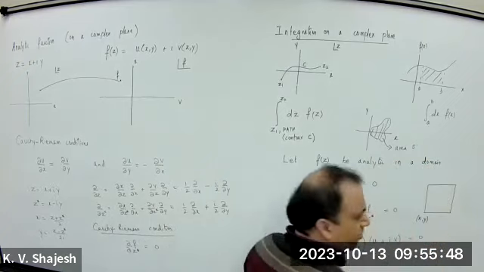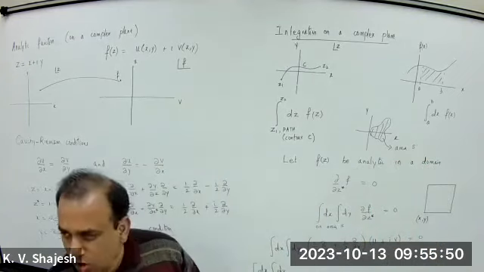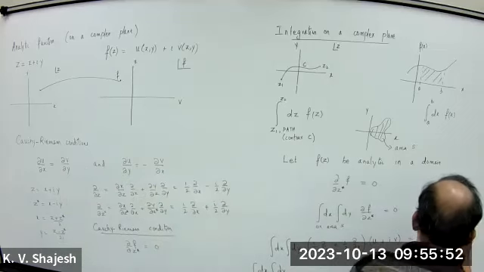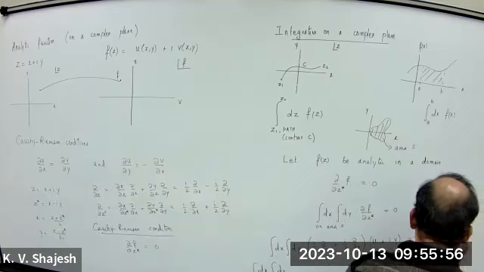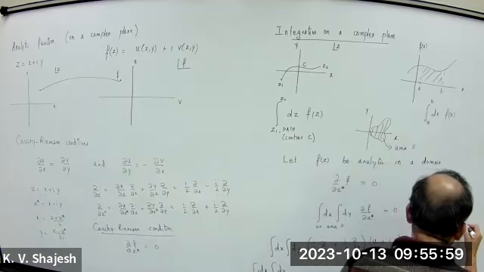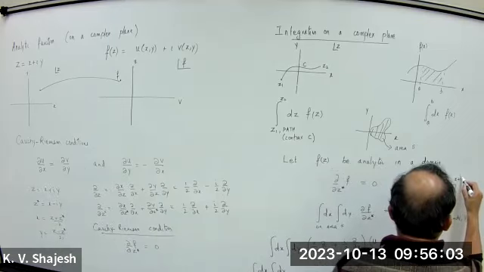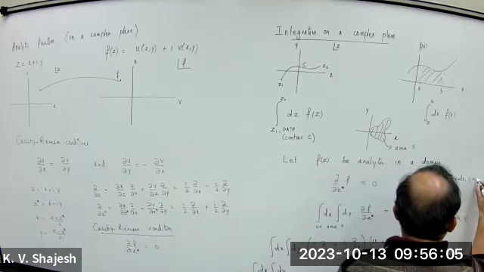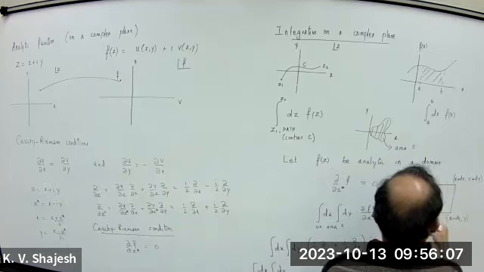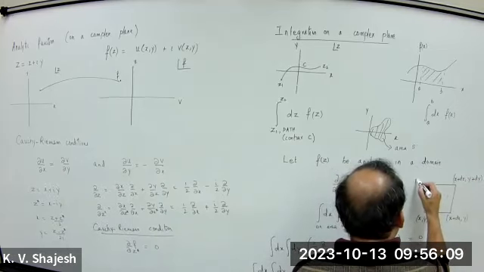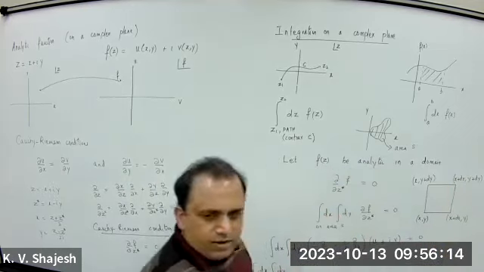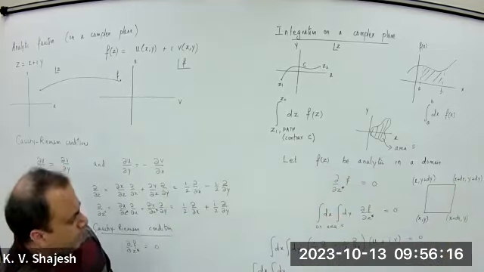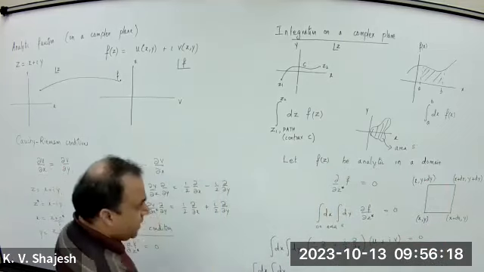At one corner you have x, y. At the other corner, you go an infinitely tiny distance dx in the x direction, so it will be x plus dx, then y plus dy, and here x remains the same, y plus dy. So that's on a complex plane.